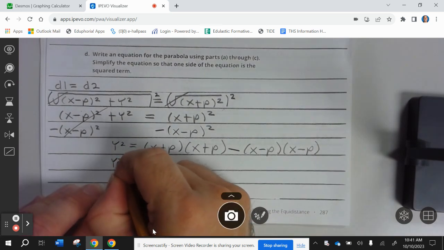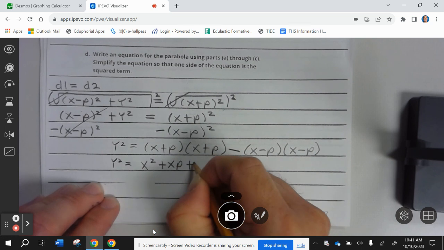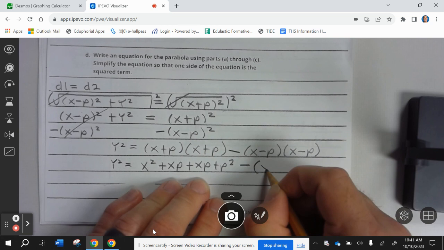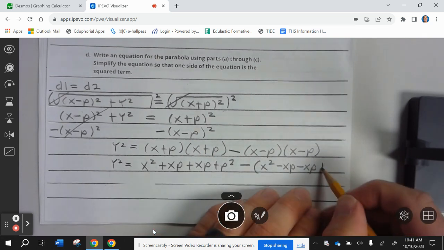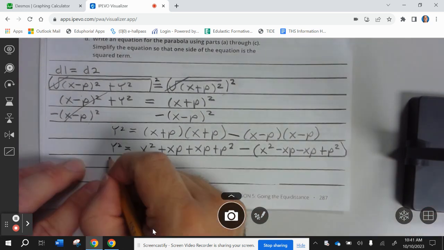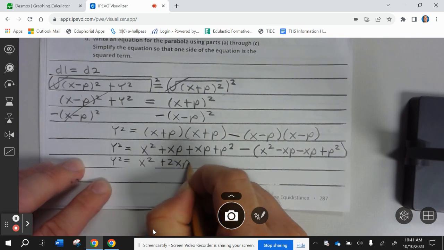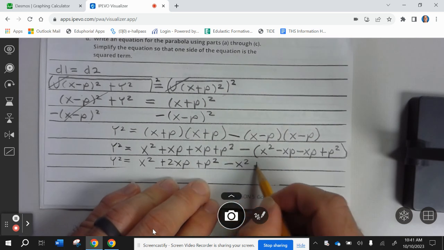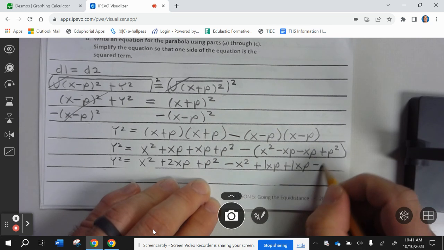So y squared equals x squared plus xp plus xp plus p squared minus x squared plus xp plus xp minus p squared.